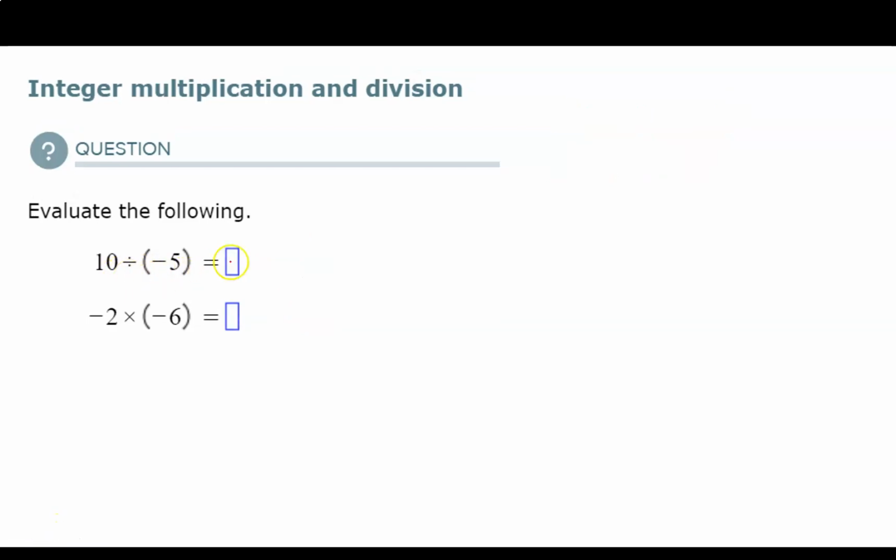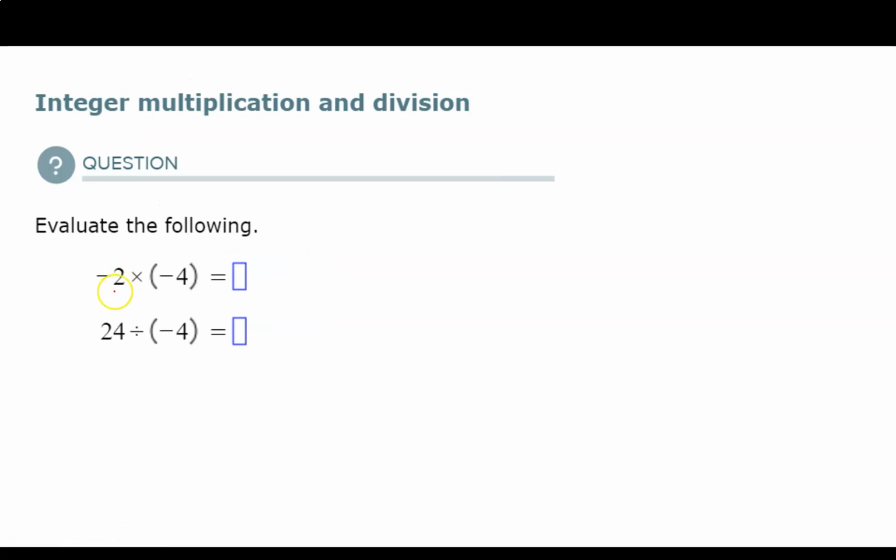Next one, those are different signs, so I divide and make it negative. When I multiply these, I have a positive answer. Next one, negative 2 times negative 4 is going to be positive 8. But 24 divided by negative 4 is going to be negative 6.